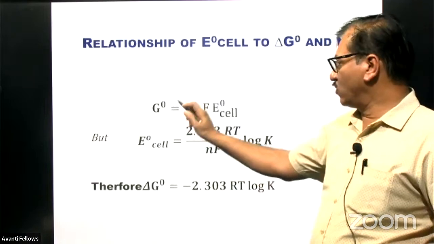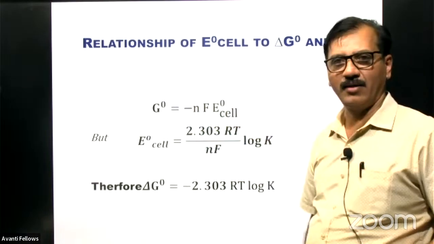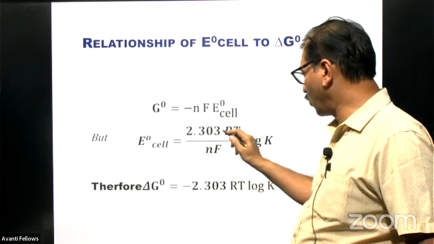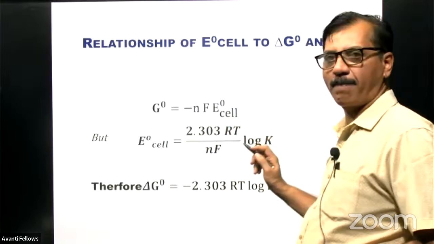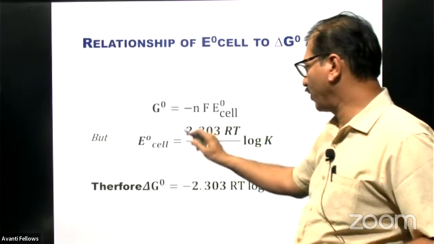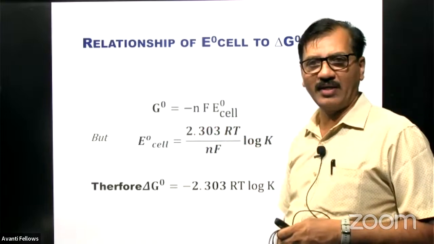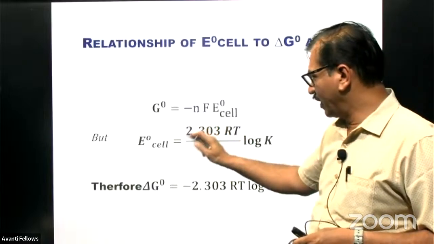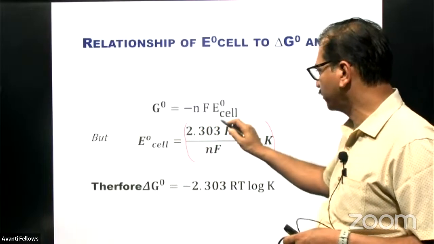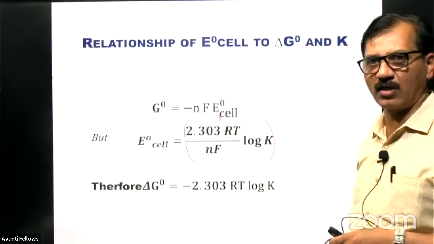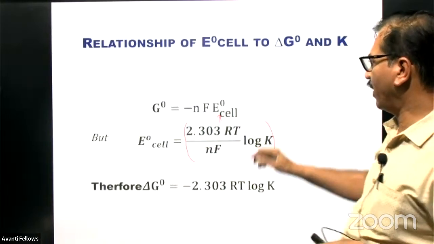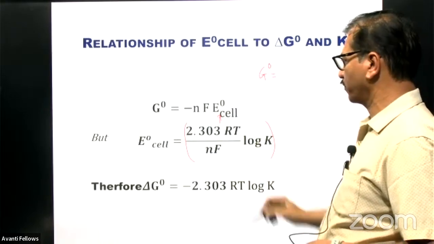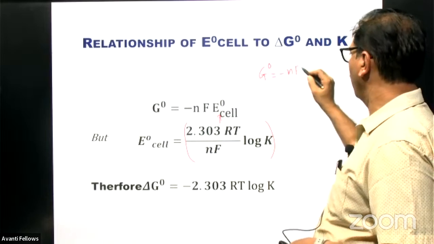Now we know that delta G0 is minus nFE0 of the cell, and we have derived that E0 of the cell is equal to 2.303 RT by nF log of K, or at 25 degrees we might have taken this as 0.059. Now substitute this E0 value here.